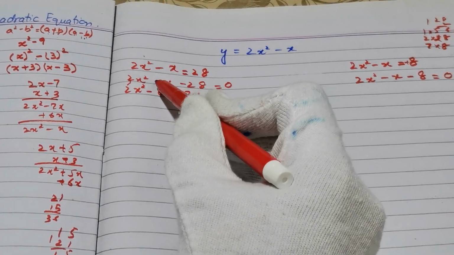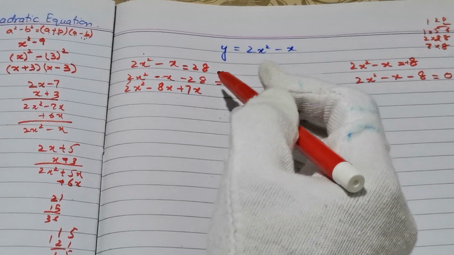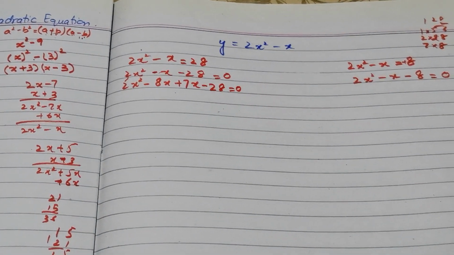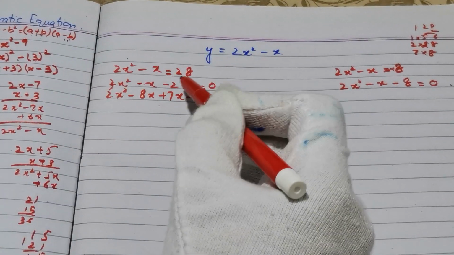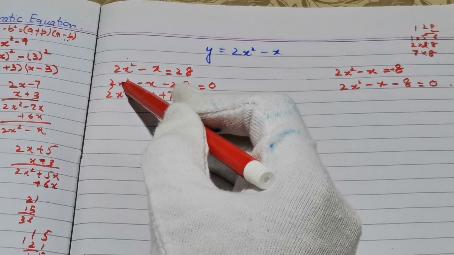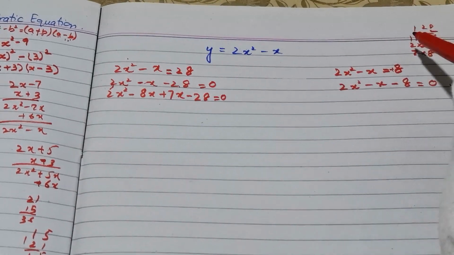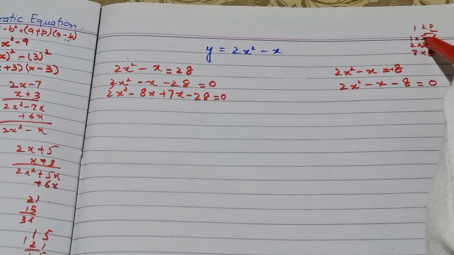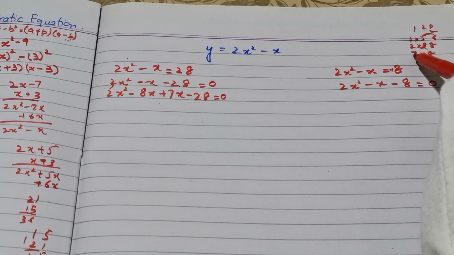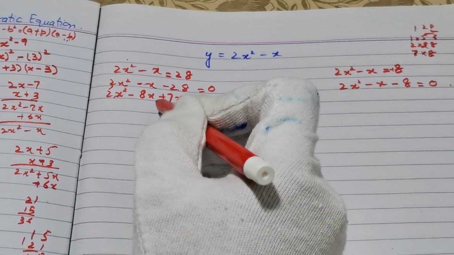This is a minus sign, so we will write the negative sign with the greater value. Minus 28 equal to 0. We will make factors. How to make factors? We will take the coefficient of x square and the constant and multiply both. What will we get? 56, and make the factors of 56. 7 8s are 56, 8 minus 7 is 1. So these are the factors.